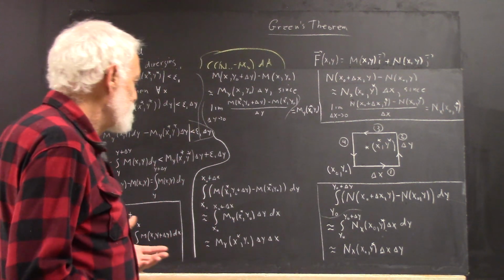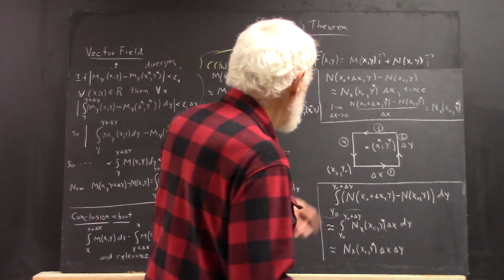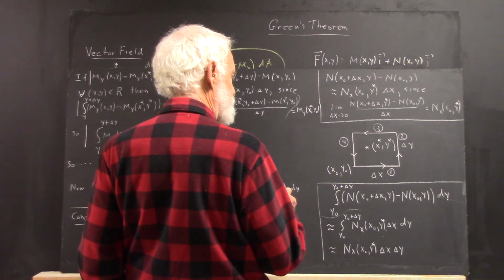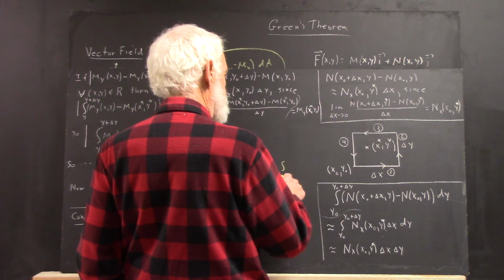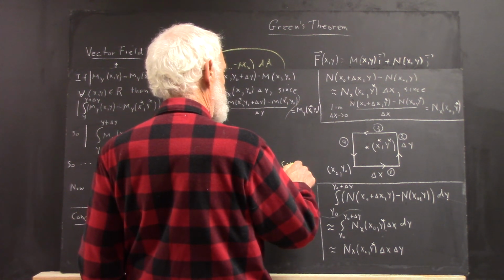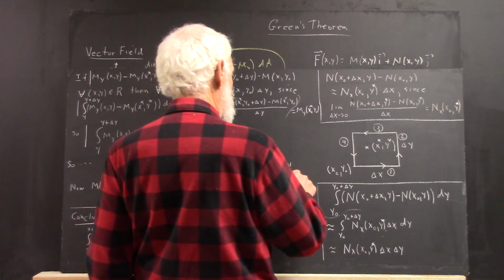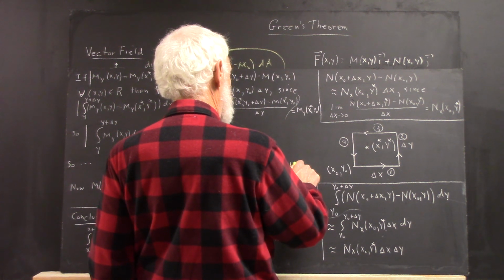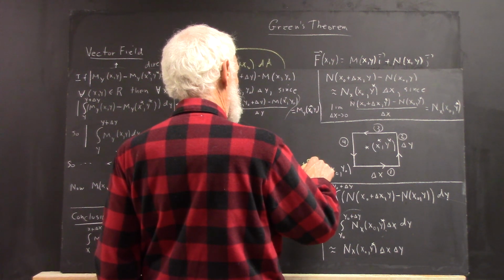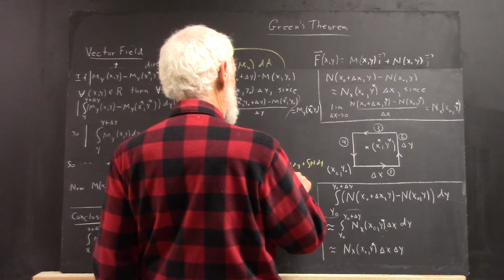But then, what do we have? This is the integral of n over the first part of the path, we'll say with respect to y, plus the integral of n with respect to y, and it's not the first, it's the second.